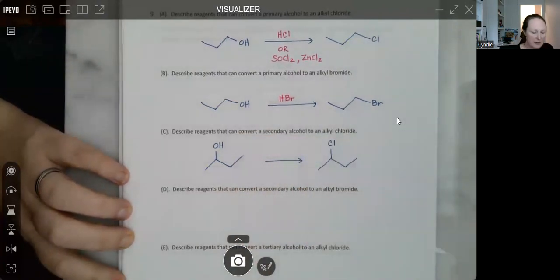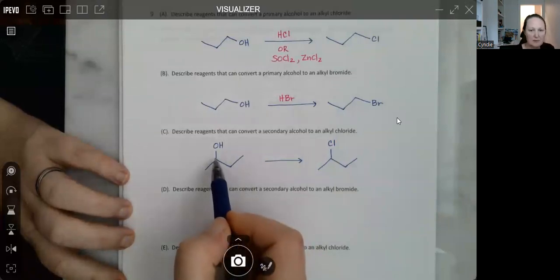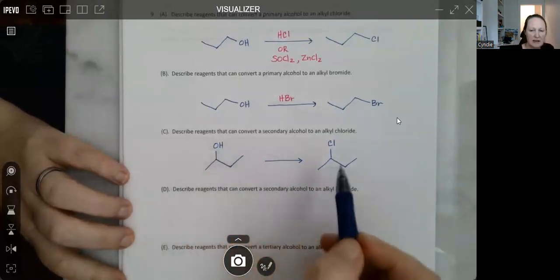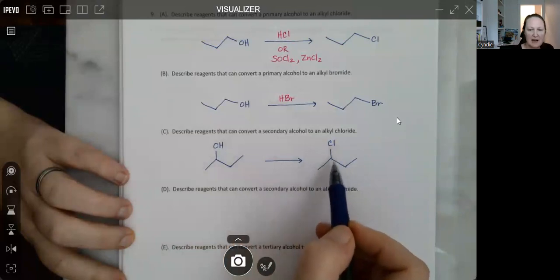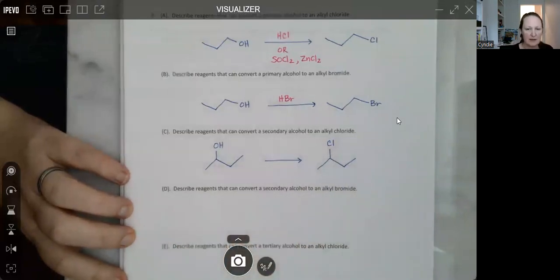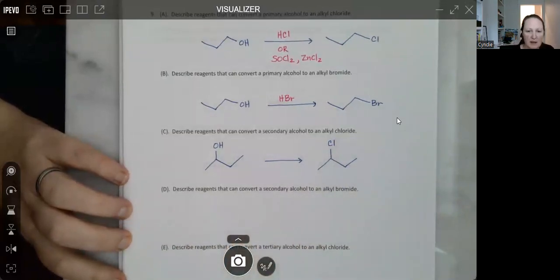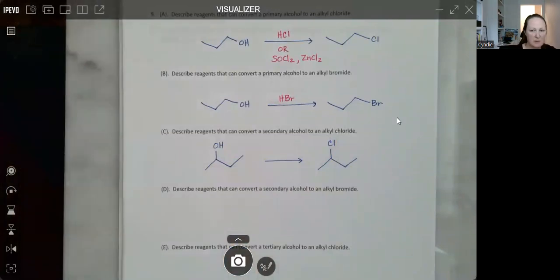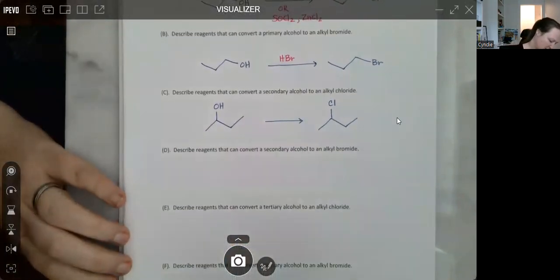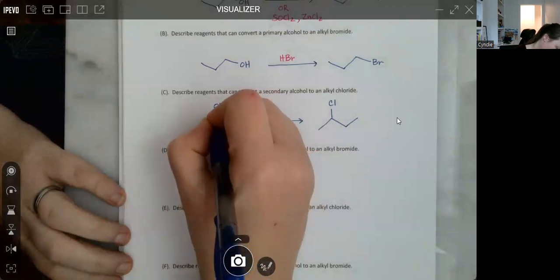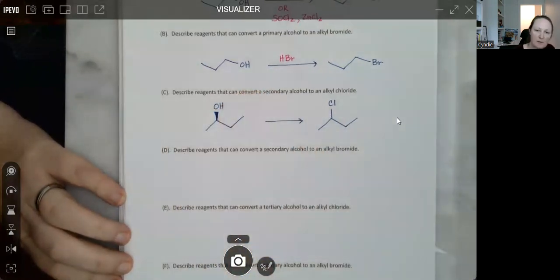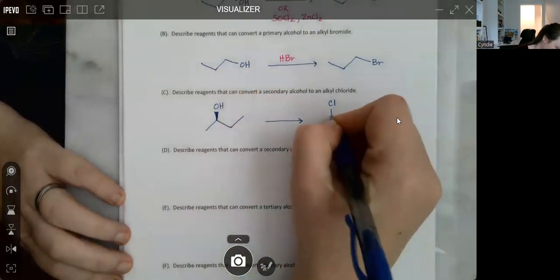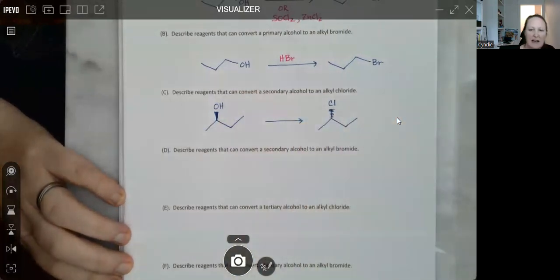And if you wanted to, you could even use a chiral example. So this could be up, and you might be converting this to the down chloride through an inversion process. So that is one way. In fact, why don't we go ahead and do that? So we'll just say, okay, what if this was chiral, decided to use a chiral example.